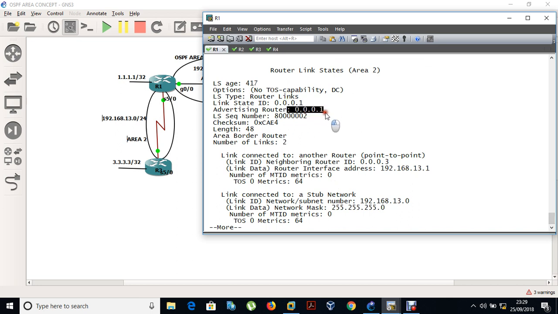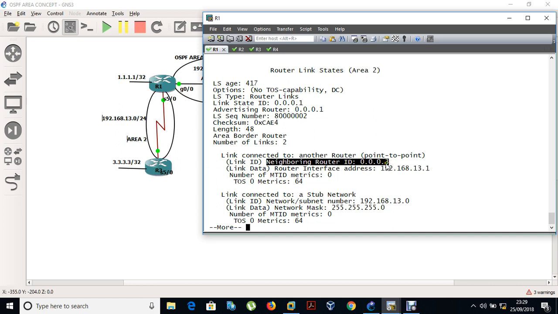For R1, it says links to another router is a point to point. I have a point-to-point link, and this is two because normally it should be one LSA type 1, but now it's two LSA type 1. One is verifying the router ID of the neighboring router, which is R3.